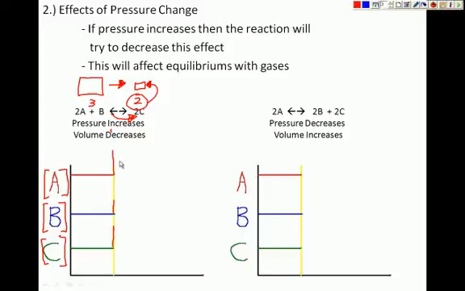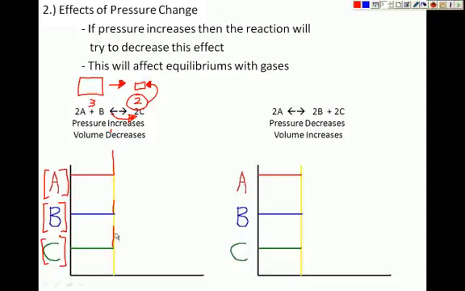Now, the reason why they all increase is because we're putting the same amount of molecules into a smaller volume, and therefore our moles per liter is going to increase.